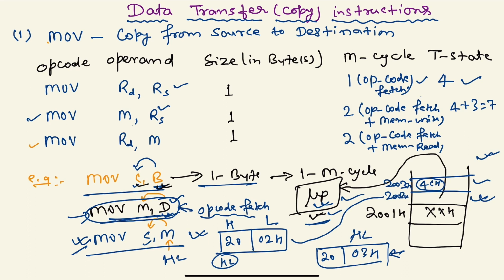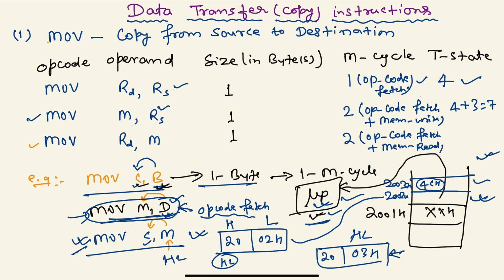So machine cycle is basically recognized by how many times the microprocessor is accessing the memory chip for opcode fetch, memory read or memory write, and another way is how many times it is accessing the IO chip for IO read or IO write. The sum of those is called the number of machine cycles.